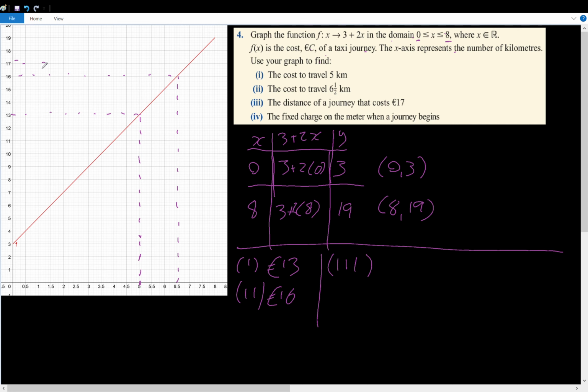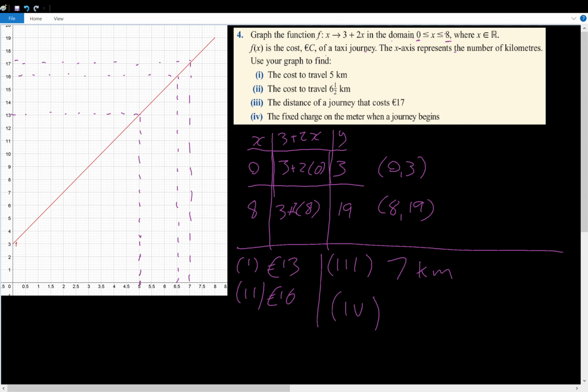And we work our way across at 17 to our function. And then from there, we work our way down to our x-axis. And we get to 7. So for 17 euro, you can travel 7 kilometers.